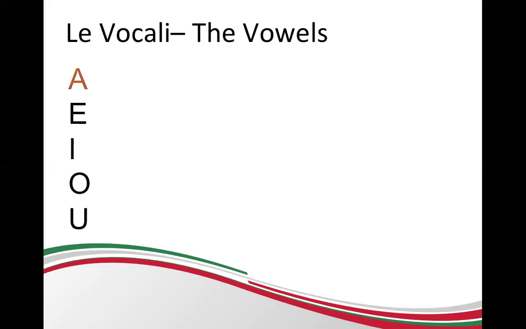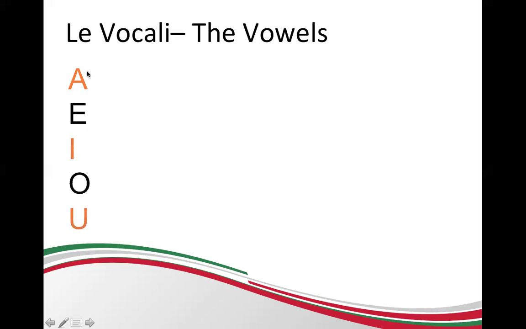Now, A, I, and U, which I've highlighted in orange here, they always stay the same. This letter A is an A is an A. Every single time you ever see it, whether it's got an accent, with no accent, if it's at the beginning of the word, the middle, it does not matter.